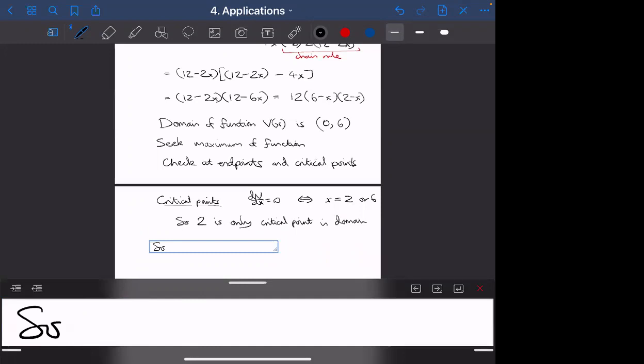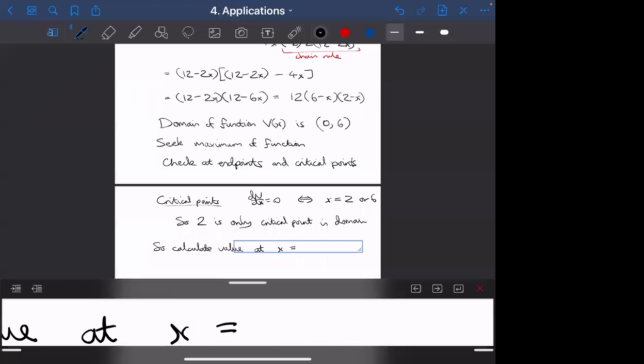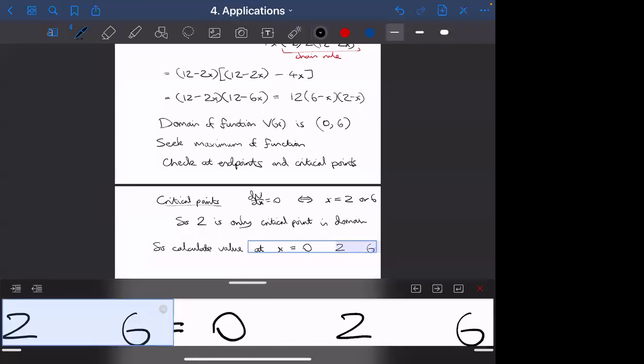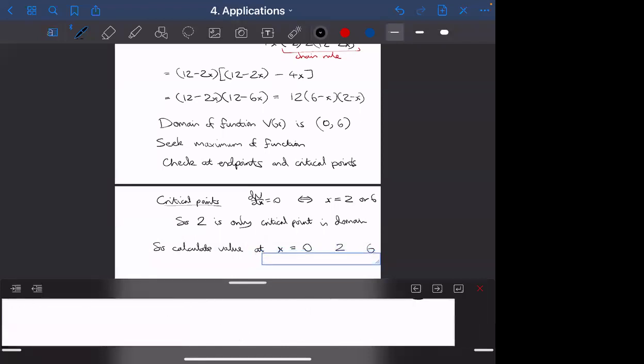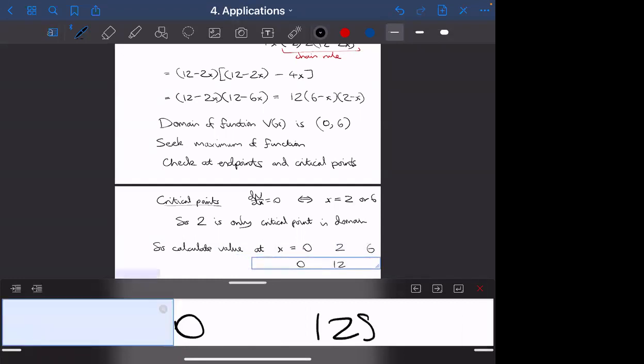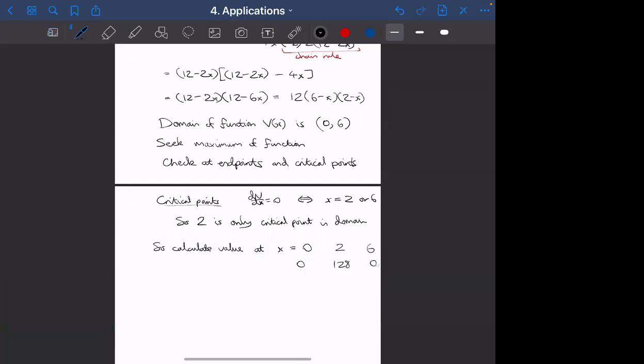So calculate the value at x equal to the endpoints, that's 0 and 6, and x equal to 2, the critical point in the domain. And we get values 0 and 128, and 0 again.